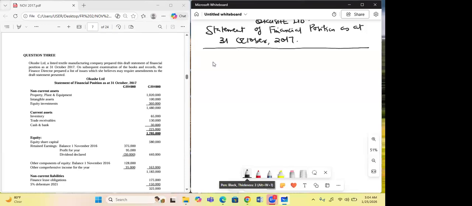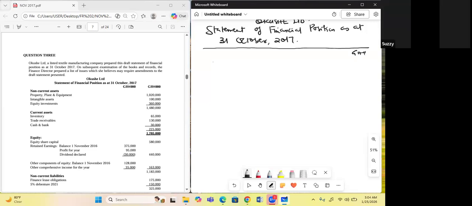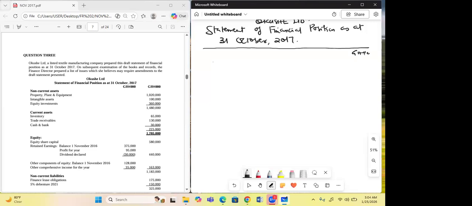So when you are writing, make sure that anything you have worked on, you put an asterisk or something beside it to tell you. So let's see. Yes, non-current assets.